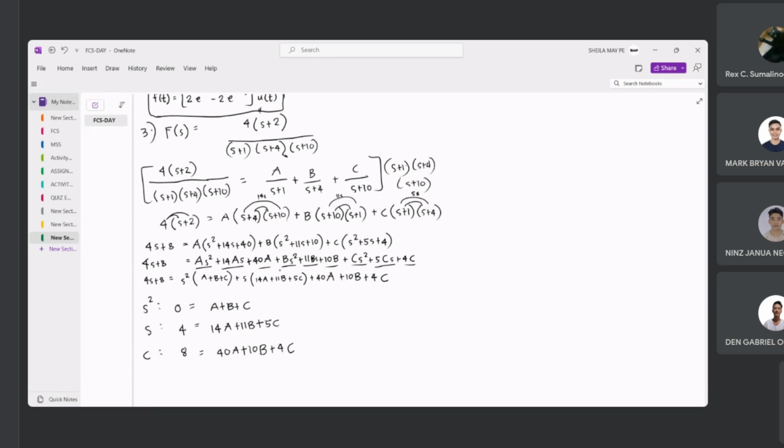Okay, a student asks where the 0, 4, and 8 in the equation came from. Here. Remember, we evaluated s squared. Looking at the left side, there is no s squared, so that's 0. On the right side there is s squared. Now we evaluate s. On the left side, we have 4s, so the coefficient of s is 4.